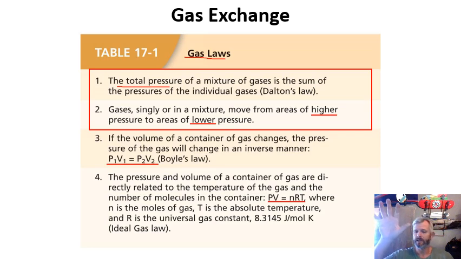So if I have a higher partial pressure of oxygen over here and a lower partial pressure of oxygen here, the oxygen is going to move towards the area of lower partial pressure of oxygen. In this case, it's singly. We're moving from areas of high oxygen to areas of lower oxygen. Okay, but the term is partial pressure. That's what's going to dictate the movement, not concentration, but partial pressure of the gas.